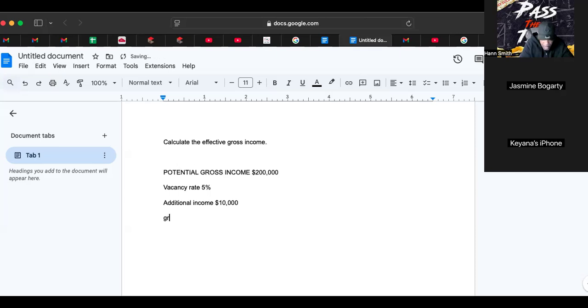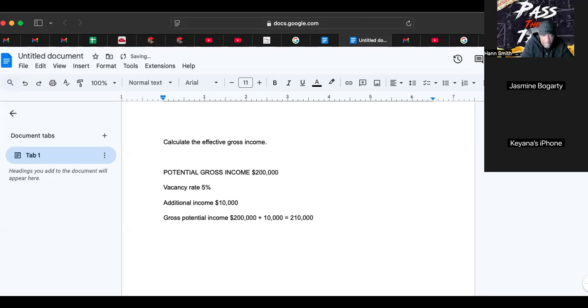All right, our gross potential income is 210,000. But we're going to take 200,000 plus the 10. Let's just show the math. Plus the 10,000. That equals 210.